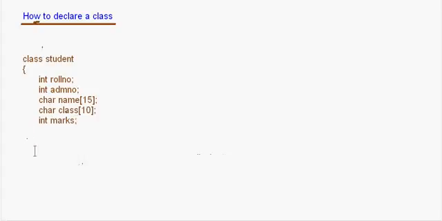right? Then we have two functions here, one is void accept for accepting the details, and one function here which is void display. So this is the class which we have made. This is the student class, and inside this student class I have this roll number, admission number, name, class and marks.